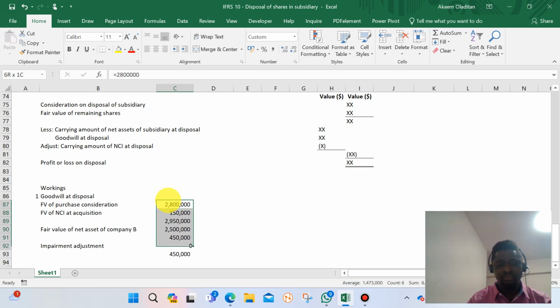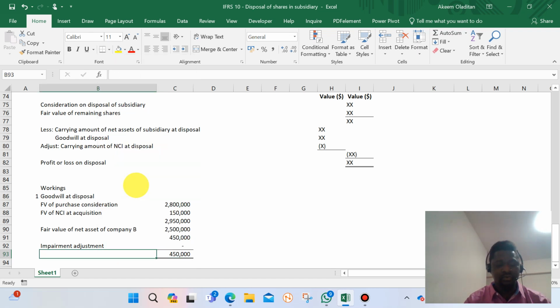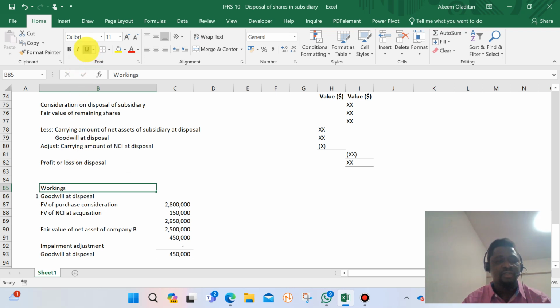So that is the goodwill at disposal. So we have calculated that. So let's move forward and do others.